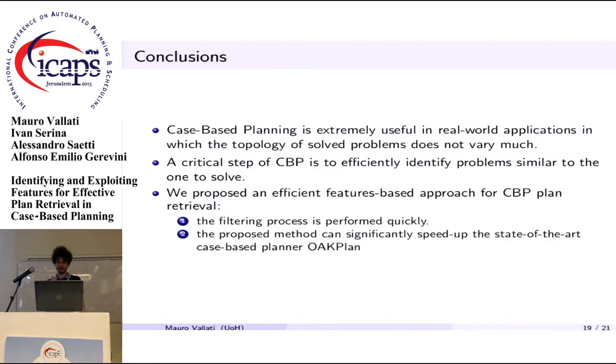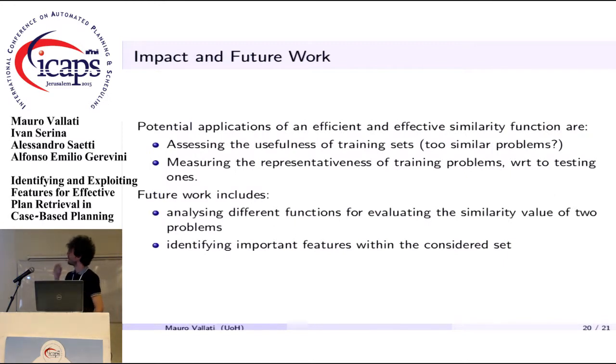Now, at this point, you can say, okay, Mauro, you have shown us something which works well in case-based planning, but who cares about case-based planning? So let's see what are the potential applications of an efficient and effective similarity function. Well, we have found basically two of them. The first one is assessing the usefulness of training sets.